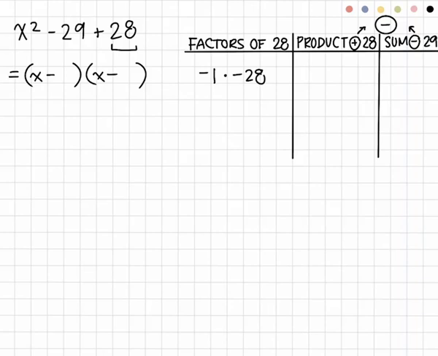A negative times a negative is going to give me that positive product. And then negative 1 plus negative 28 is going to give me negative 29. Well, that was easy. My first set of factors are what I'm working with.